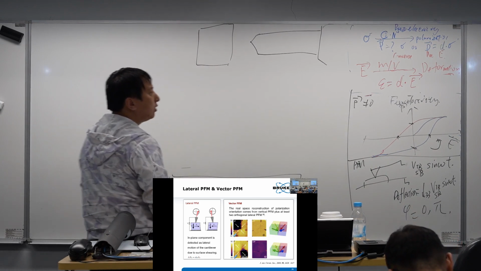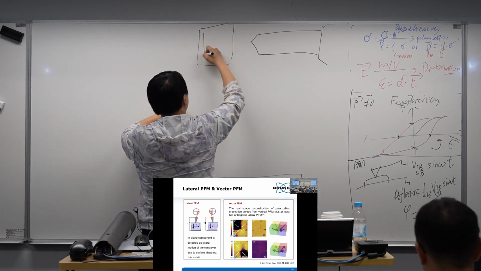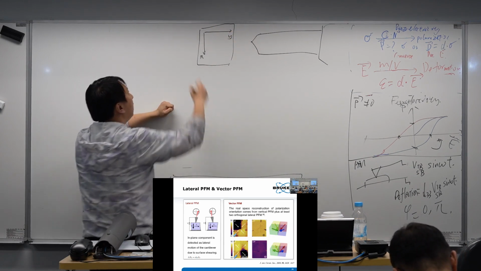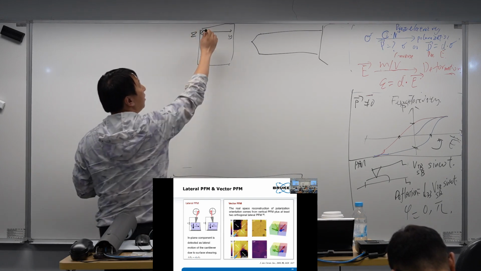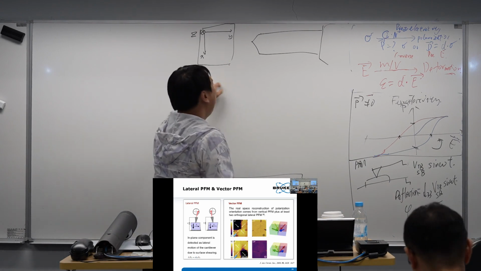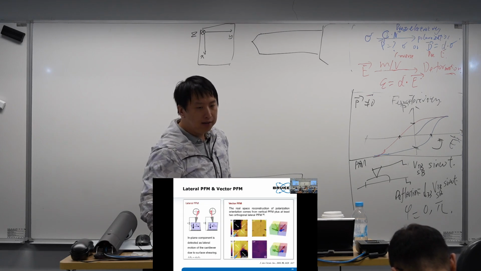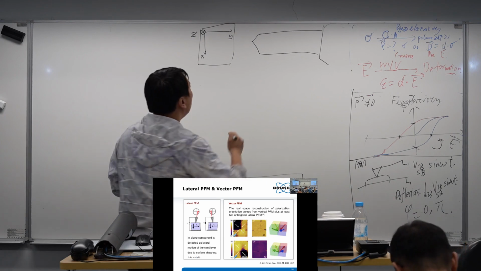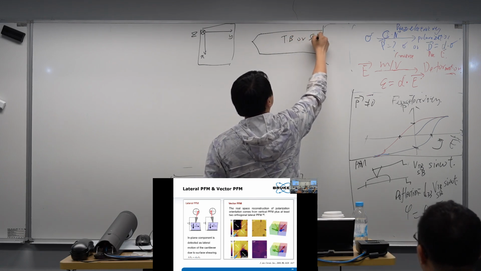I make my directions follow the right-hand coordinate system: this one is X, this one is Y, and this direction is Z. The Z is perpendicular to the board. Okay, so once we have defined the orientations, we apply tip bias or sample bias.